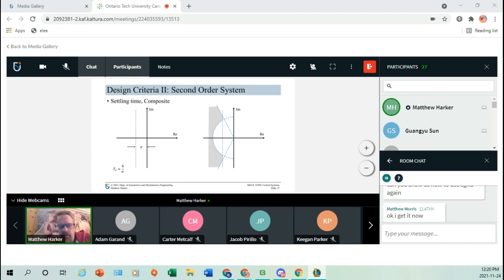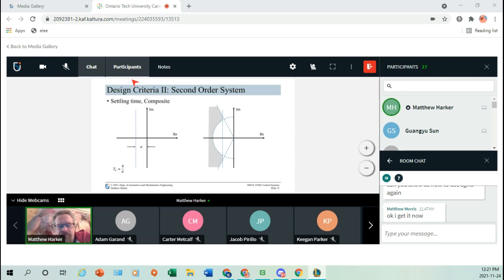So that sigma, the real part, was the coefficient of our exponent, and if it's a dominant pole or not, right? So it tells you how fast that term decays, and that then tells you how long it takes to get close to its final value, right? So placing that pole on the axis is another design criteria.